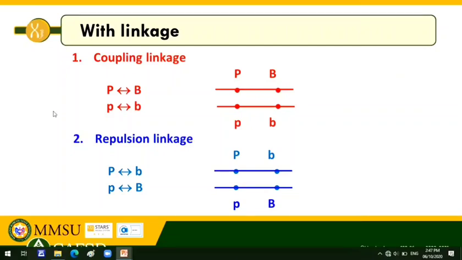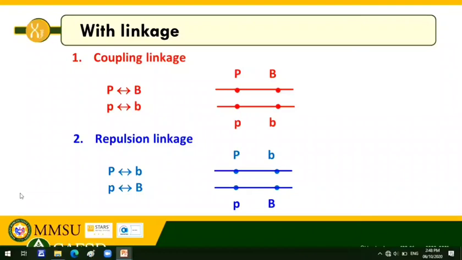Alright? Sa repulsion naman, yung opposite. Okay? Dominant and recessive genes are inherited together. And ibig sabihin nito, kapag dominant and recessive genes are inherited together, yung dominant and recessive nasa iisang chromosome. So, located sa iisang chromosome.